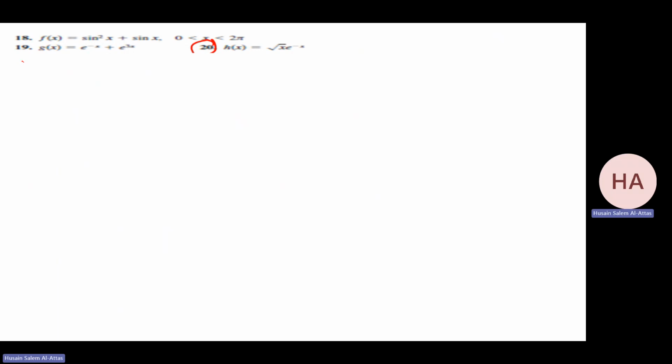So I have f prime for 18. F prime of x will be what? 2 sine x cosine x plus cosine x. We take cosine x as a common factor. You have cosine x times 2 sine x plus 1.